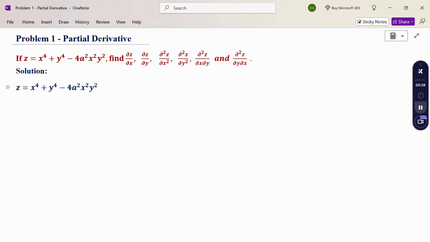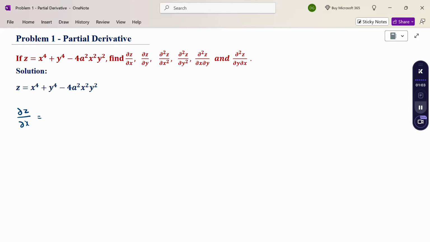Other values are constant. Now the first question, ∂z/∂x. Here z is a function of x, y, so x and y are the variables. But when we take the partial derivative of z with respect to x, only x is the variable we consider.